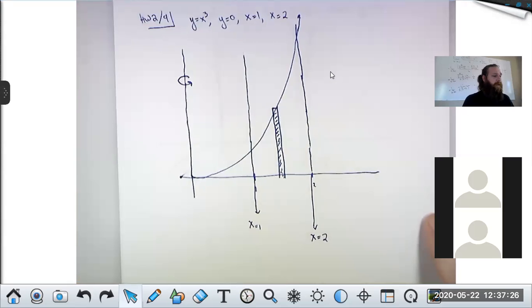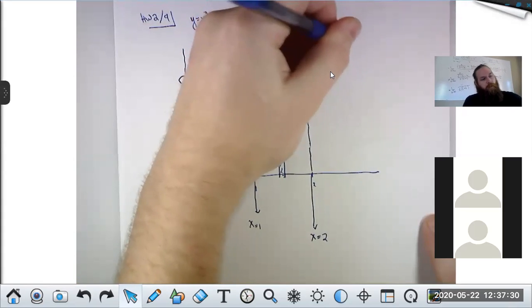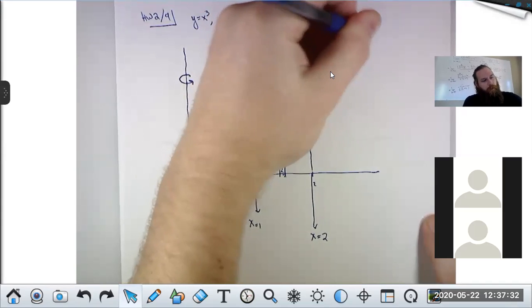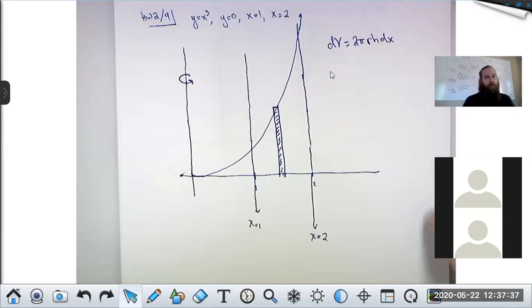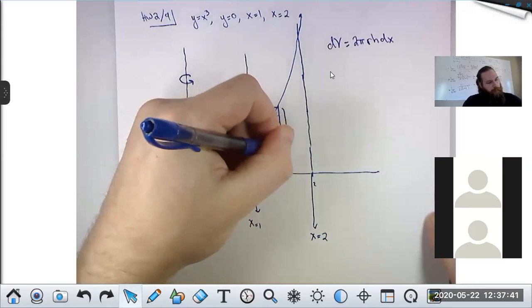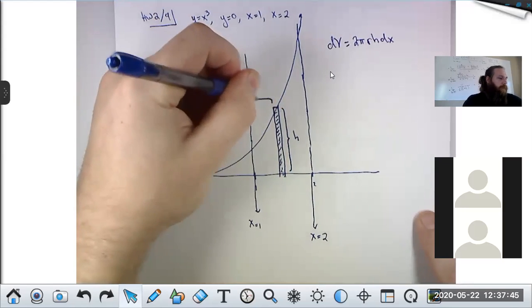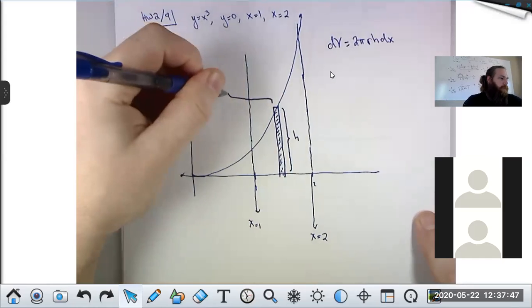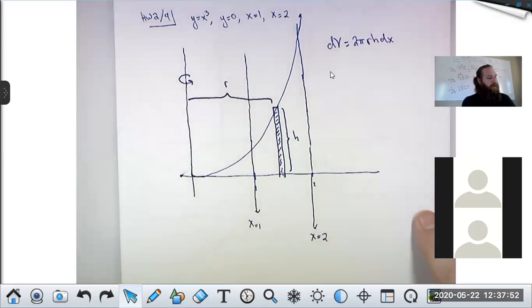The two things that I need, remember dV for the cylindrical shells method is 2 pi r h dx or dy, depending on what you're doing. h is the height of the strip, and r is the distance from the strip to the axis of rotation. It is the radius of the little cylindrical shell that I would get if I just rotated that strip around.